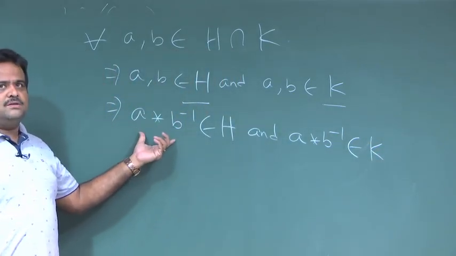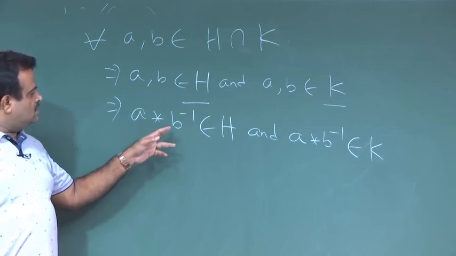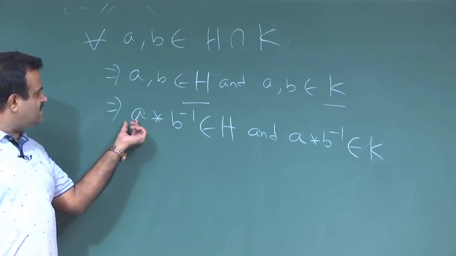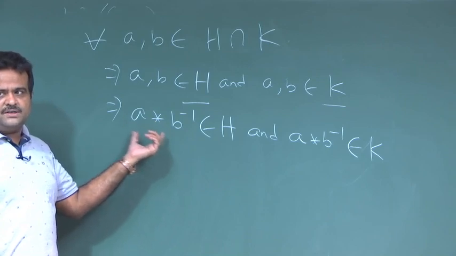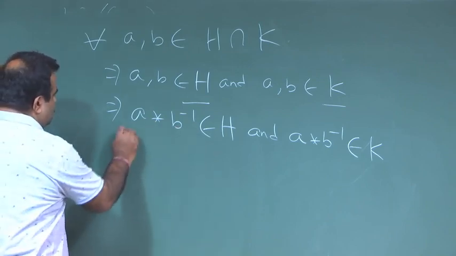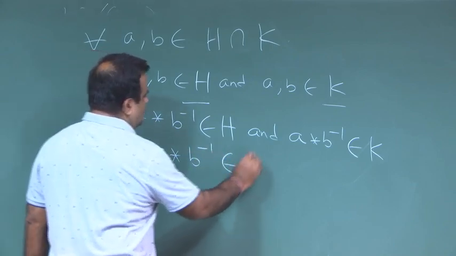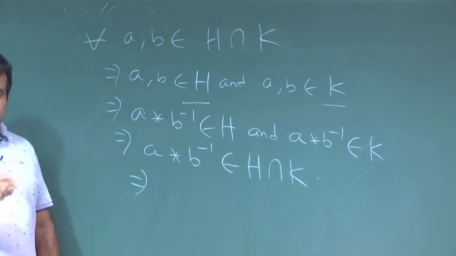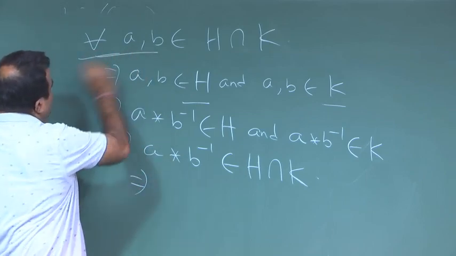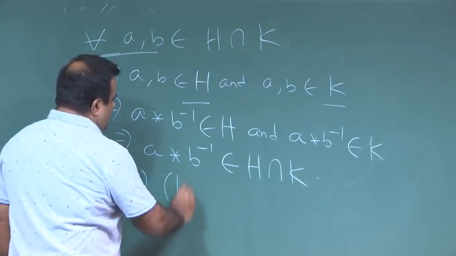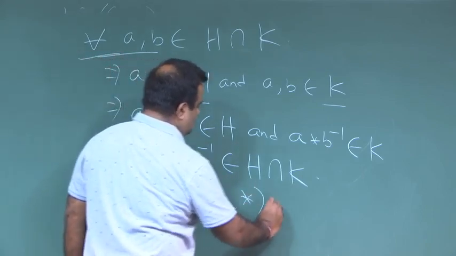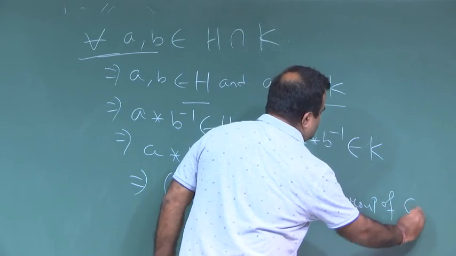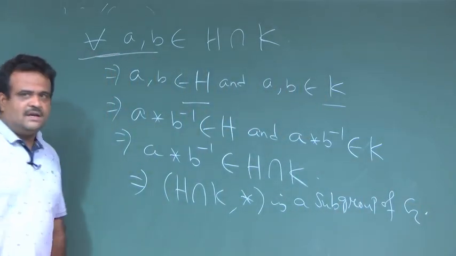We know this property, this is a necessary condition of a group: because B is an element, B inverse also exists in the group. So, now A is an element, B inverse is an element, so by the closure property A star B inverse must be in it. So, now this implies A star B inverse belongs to W. Hence, this is a sufficient condition, and this is true for all A, B. So, this implies W is a subgroup of G. Okay, so the intersection is a subgroup.